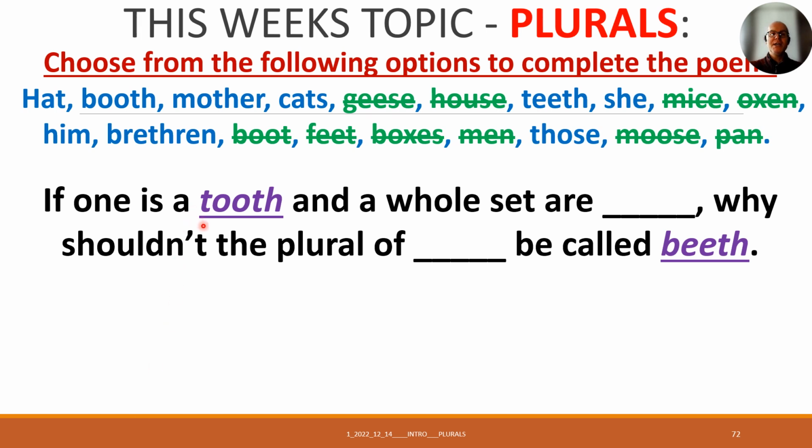If one is a tooth and a whole set are blank, why shouldn't the plural of blank be called beath? So what's the plural for tooth from this list? What words have you got left?